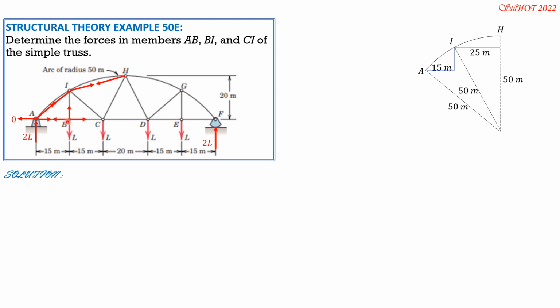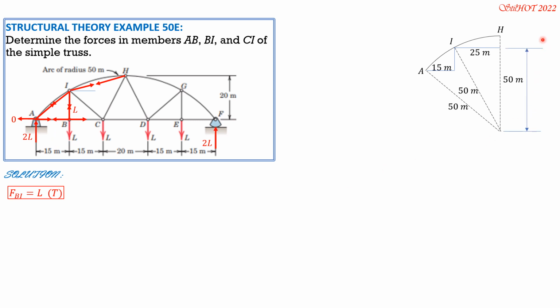Then at joint B, we have collinear members, summation of forces vertical: force in BI, which is also required here, minus L equals 0. So FBI is obviously L. So we now have an answer, FBI equals L, which is part of the question. Tension, of course.